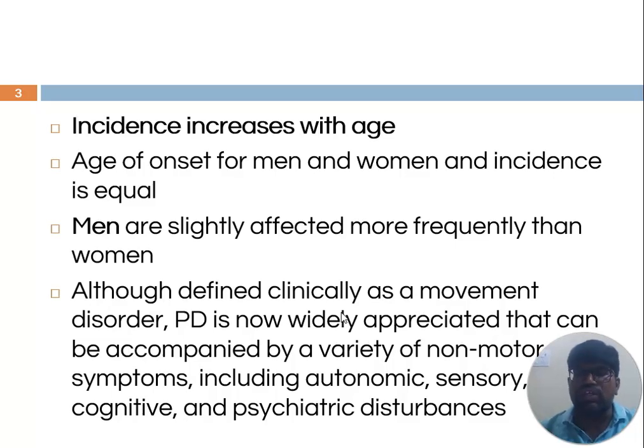And at a very advanced level, we see cognitive dysfunction. In non-motor manifestations, mainly we see autonomic system related manifestations, sensory related manifestations, sleep disturbances which are quite common, and cognitive and psychiatric ones. Cognitive ones we will discuss very specially also.